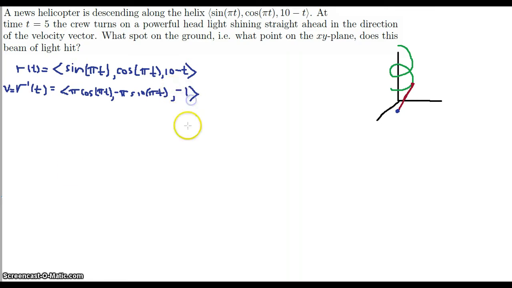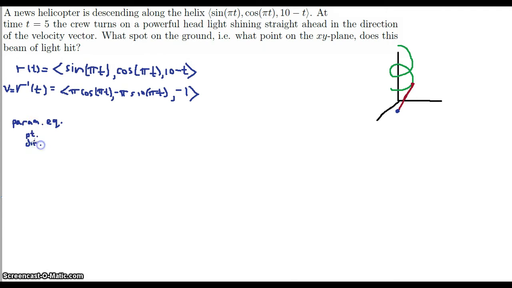Okay, great. Now, what we're going to do is come up with the line that represents the beam of light. A parametric equation for a line requires a point and a direction.